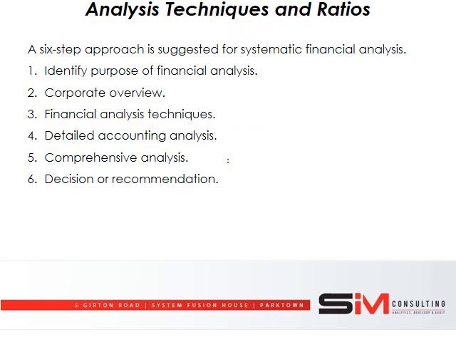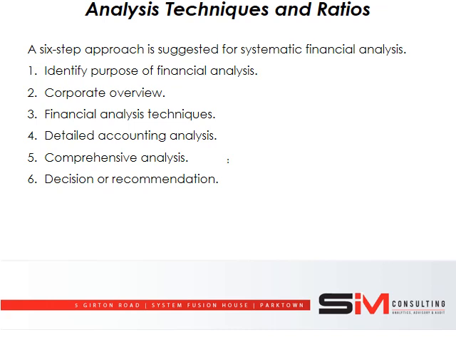I want us to go through a 6-step approach that I wish to suggest so that you have a more coherent and systematic analysis of your financial reports. Those 6 areas are made up of the following. One, you need at all times to be clear what is your purpose of analyzing the financial reports.